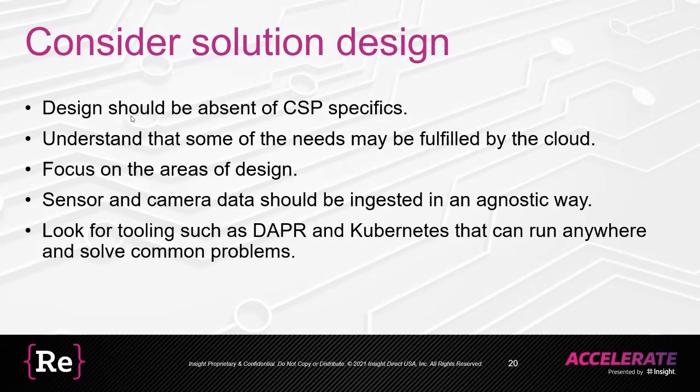And then there are tools that we can use to provide inter-container communication. They can receive data, they can handle some state management, they can handle messaging in a common way, such as Dapr, which is an interesting distributed application architecture, and Kubernetes, which can run anywhere and can run on premise.